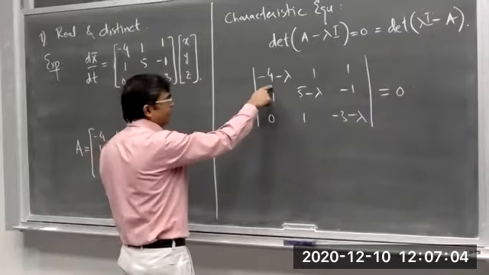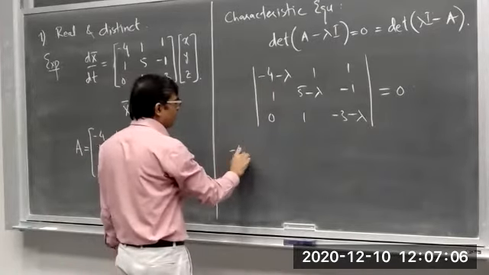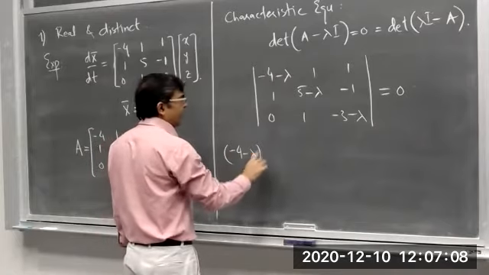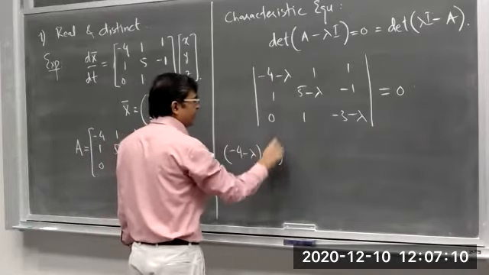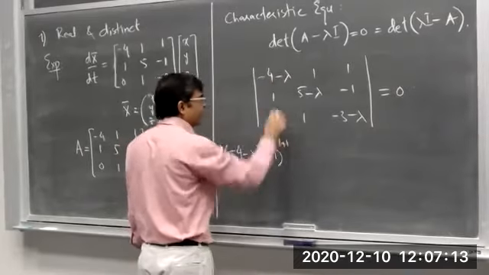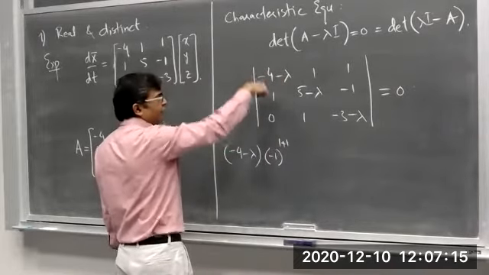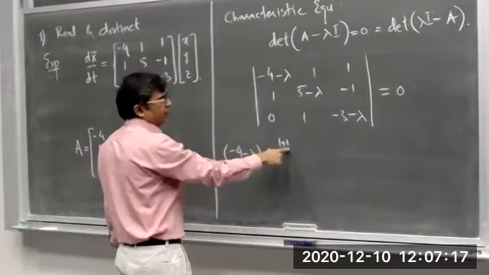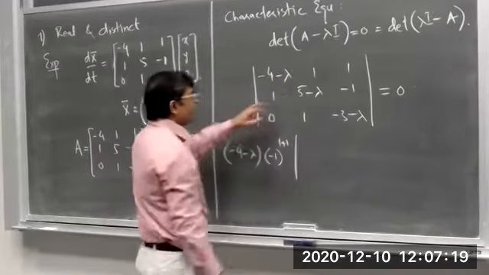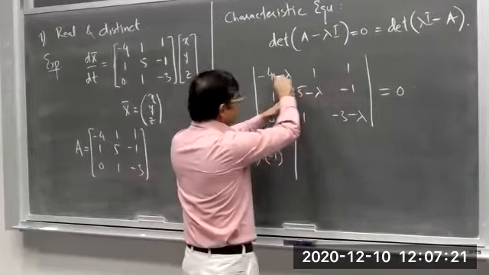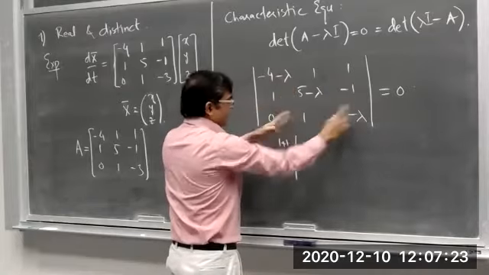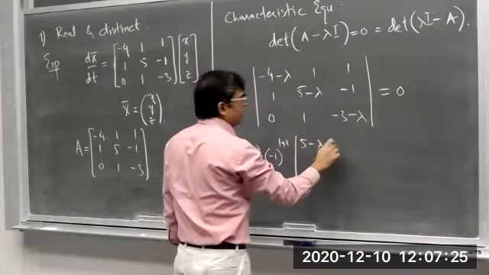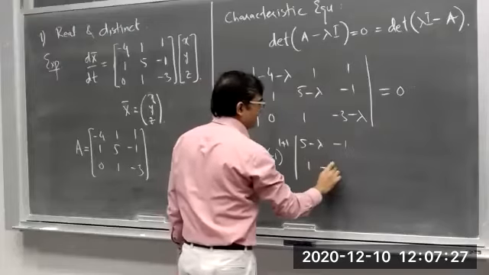Now we can expand this. The first term is (-4 minus lambda) times (-1) raised to the power 1 plus 1, the first row, first column, times the cofactor of this element, which is the 2 by 2 determinant with rows (5 minus lambda, -1) and (1, -3 minus lambda).